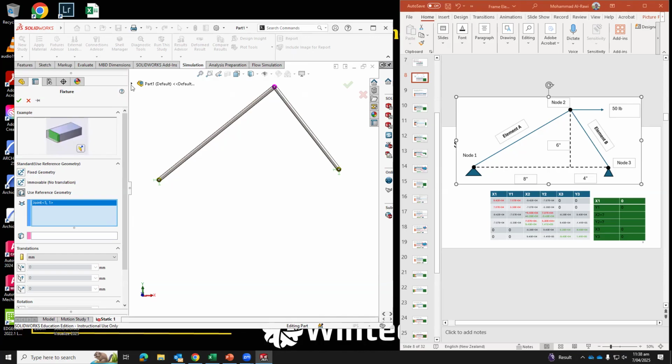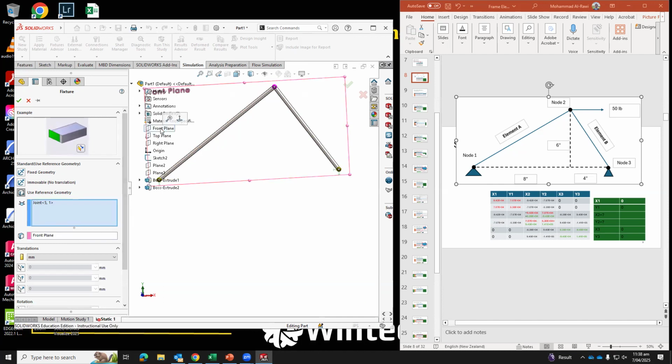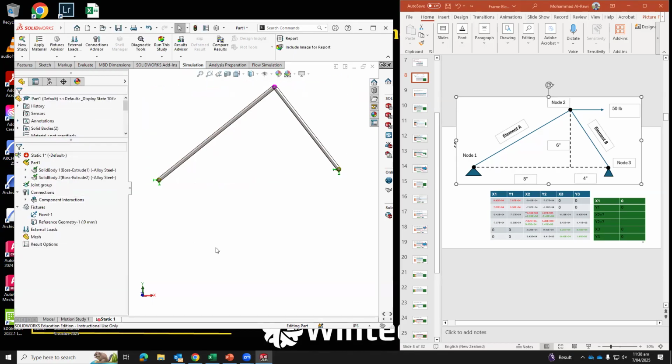And from that tree, we select the plane which we need to be a reference for. That would be front plane. That's where we did our movement, okay? And we give that normal to plane with a 0 displacement. So we just activate that and we keep it 0. Happy with that, we click OK.